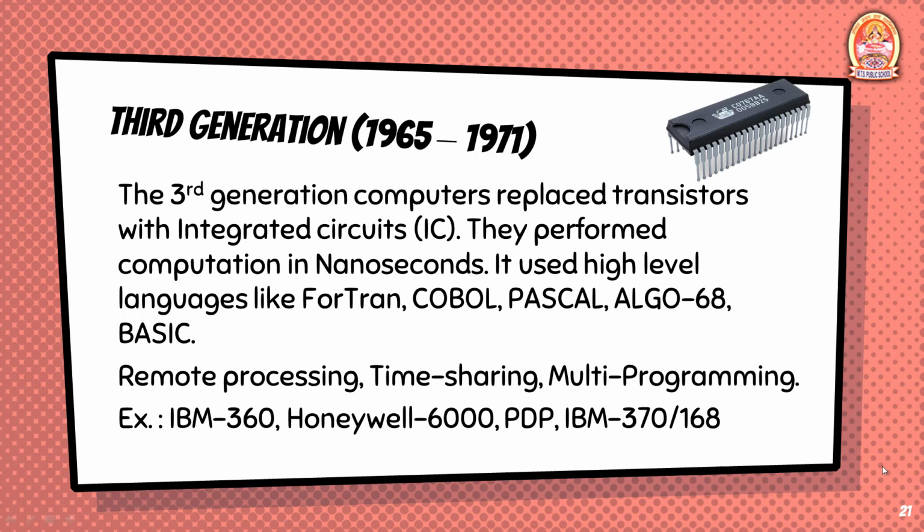IBM 360, Honeywell 6000, etc. are some of the names of third generation computers. For your notes, you can write: the third generation computers replaced transistors with integrated circuits. They performed computation in nanoseconds.